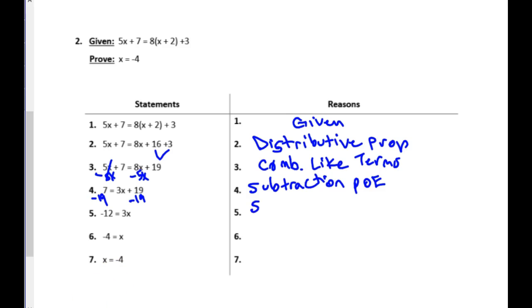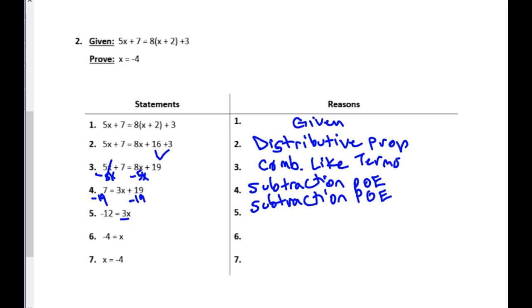So that's called subtraction POE. Can you do it 2 times in a row? Yes. Does everyone see step 4 and 5 are both subtraction? That's fine. I don't want you to freak out if you do the same thing twice, because one was subtracting the x's, one was subtracting numbers. Now, how do I get rid of this 3 in front of x right here?